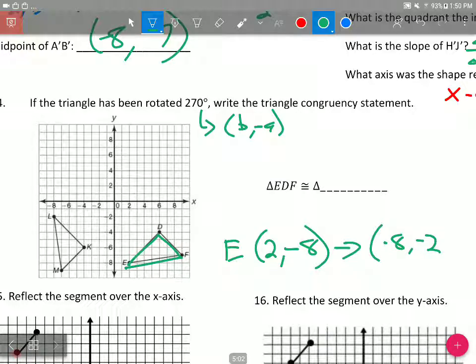That means that goes with E. M goes with F, so M goes left. K goes in the middle. Cool. That's what it is.